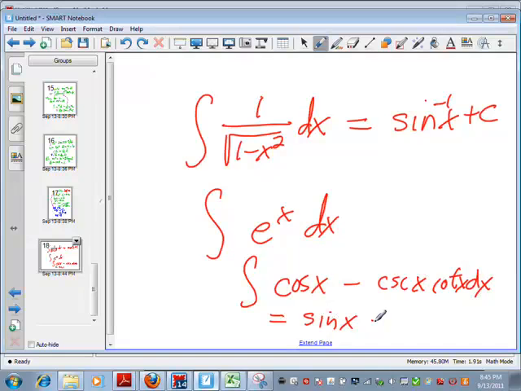Oh, plus cosecant squared. Is that right? Yes. That's right. Okay, so that's a bunch of those. So this is number 4. Just a bunch of those.